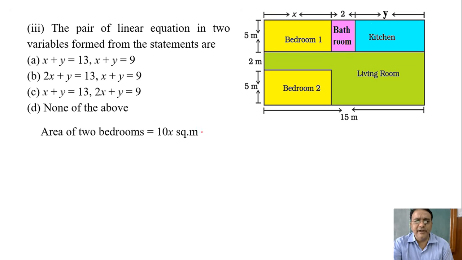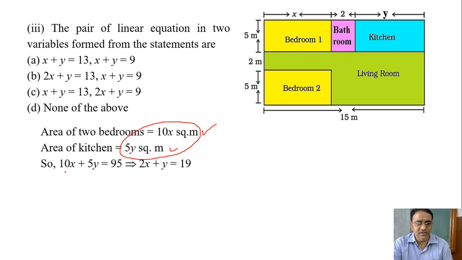The area of 2 bedroom is 10x and area of kitchen is 5y, and the total area given in the question is 95. So 10x plus 5y is equals to 95. If you divide all by 5, you will get 2x plus y is equals to 19. So this is the first equation, right?